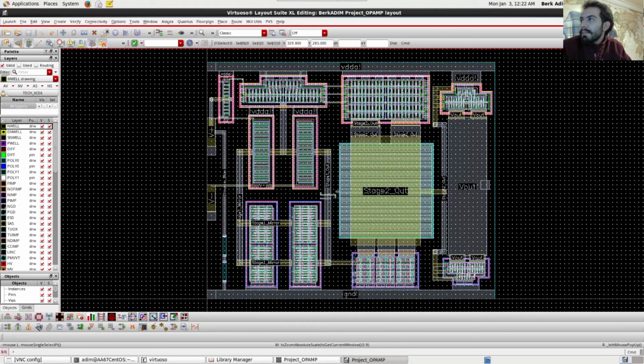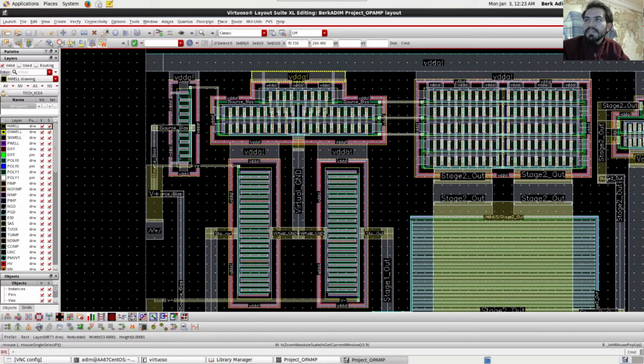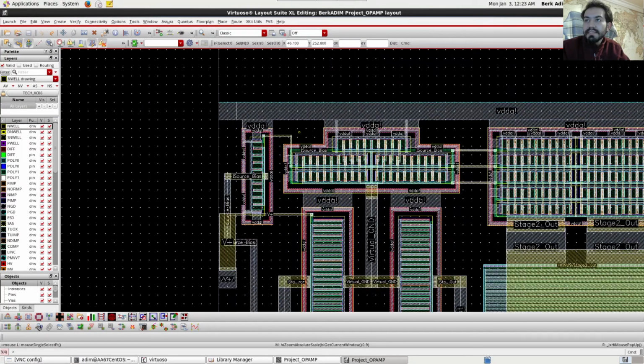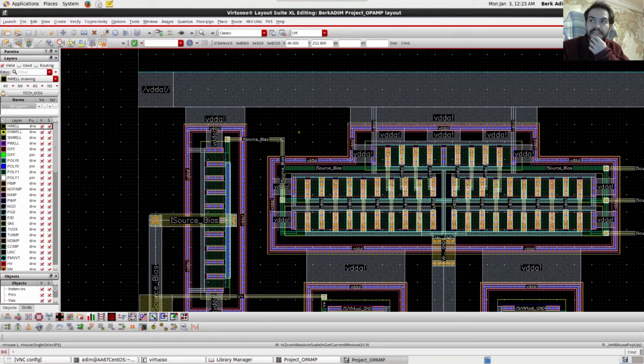Well, design considerations here are to make the differential input stage symmetric, of course, and to save space, and to make resistances coming from our connections negligible. One design consideration in the op-amp is the source resistance for the transistors, especially the current source transistors here.